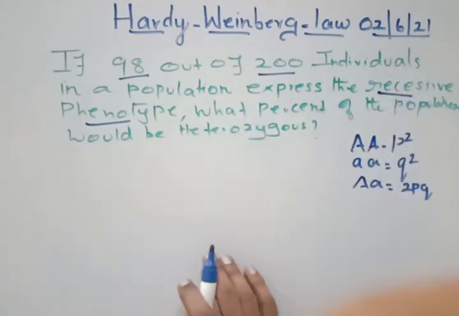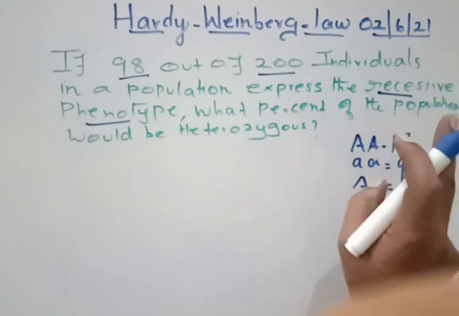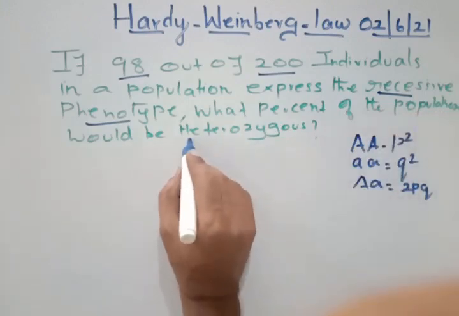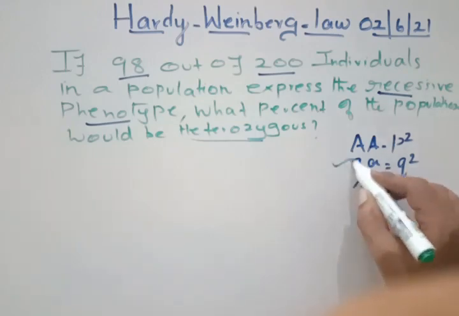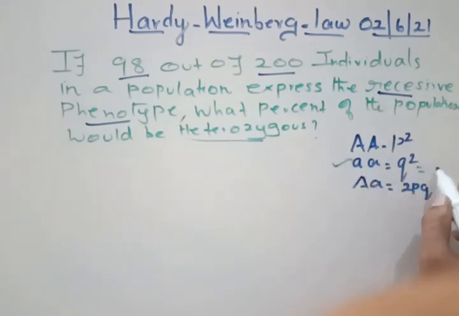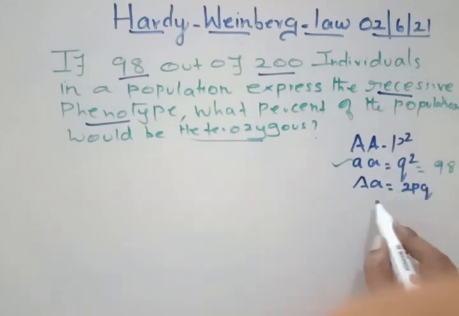So what percentage of the population would be heterozygous? Here the recessive is given, and we have to find out the heterozygous. That is what the question is. So very simple to understand.